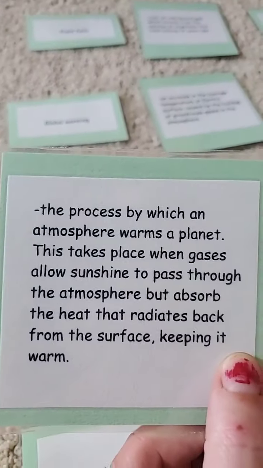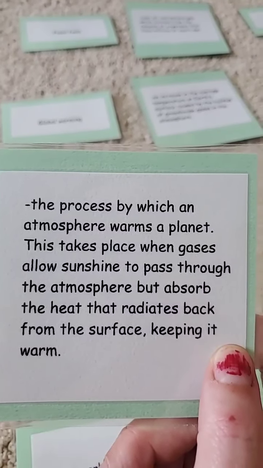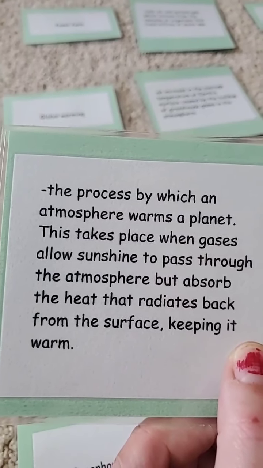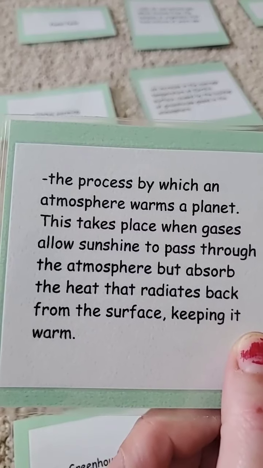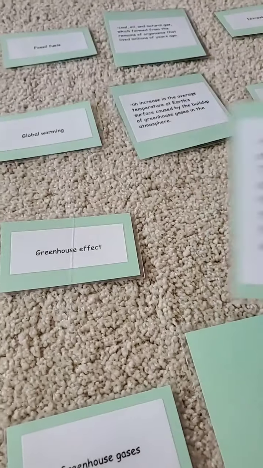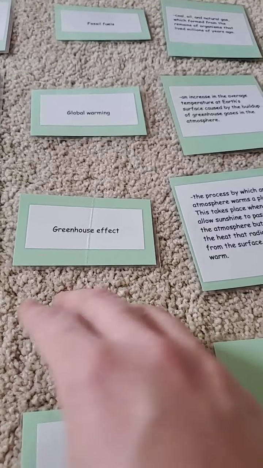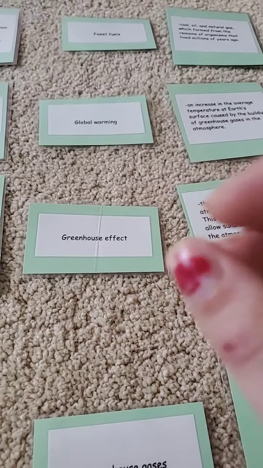Greenhouse effect: the process by which an atmosphere warms a planet. This takes place when gases allow sunshine to pass through the atmosphere but absorb the heat that radiates back from the surface, keeping it warm. And so this is what we were talking about yesterday when we got out the bottle and did the pitch.